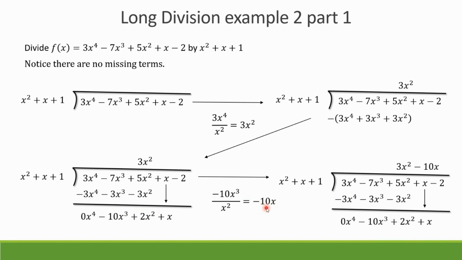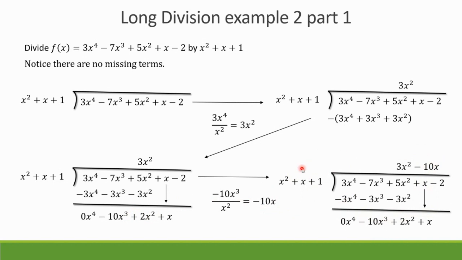So we have negative 10 times x. Okay, so that's going to go above the like term, which in this case is this x. What do we do? Multiply it and then subtract. That's what we do next.